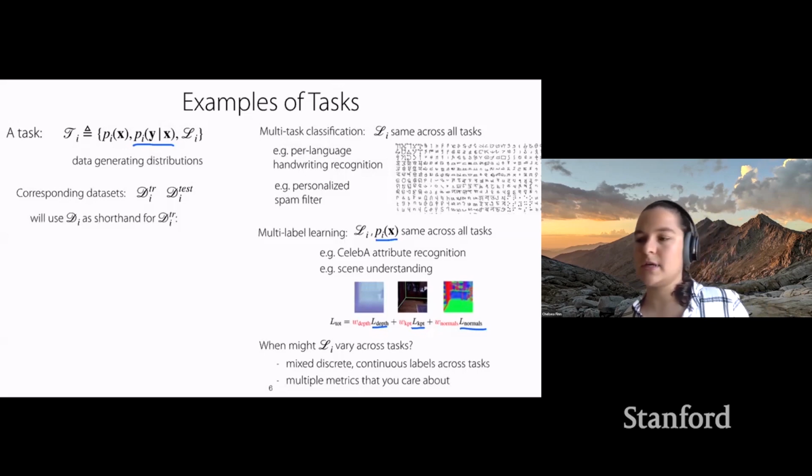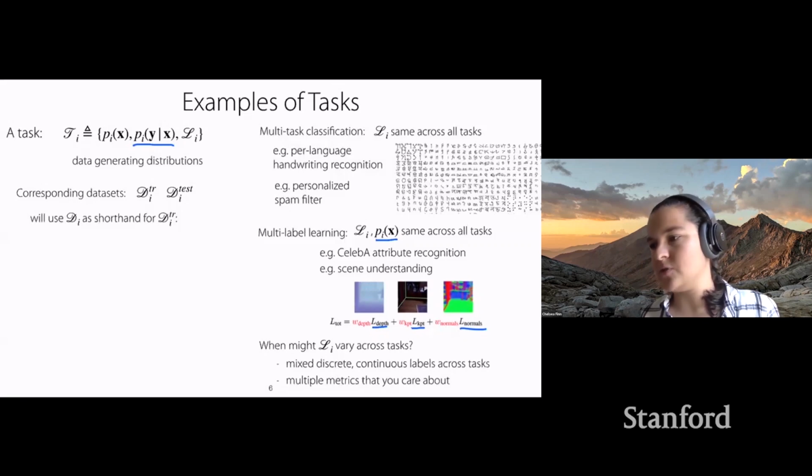Yeah, so what this looks like is maybe you have characters written in Japanese and also in English, and you want a network that can recognize both languages rather than a single system that can recognize just one of the languages.